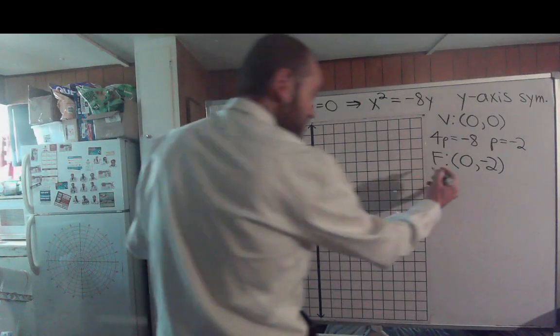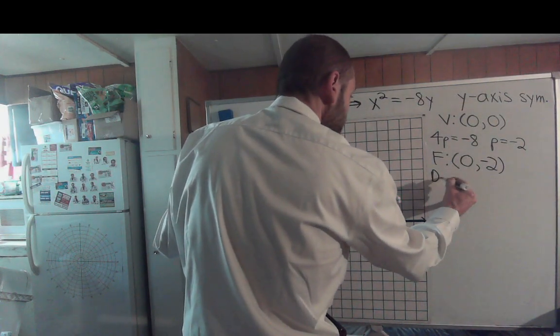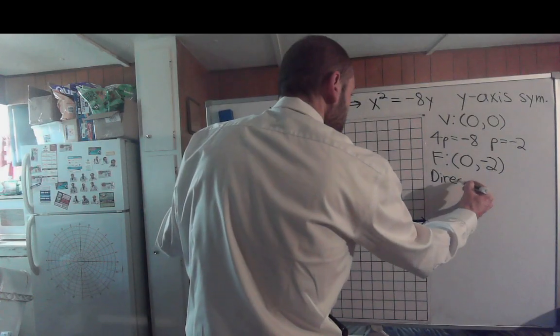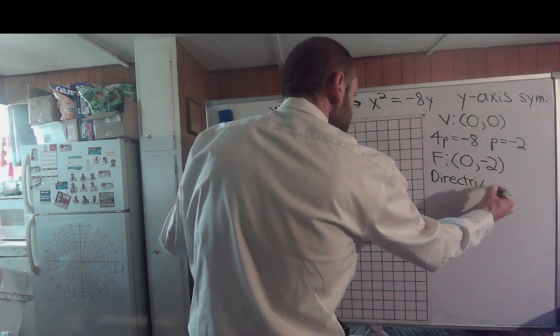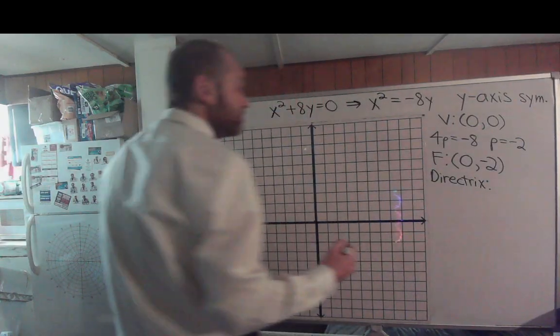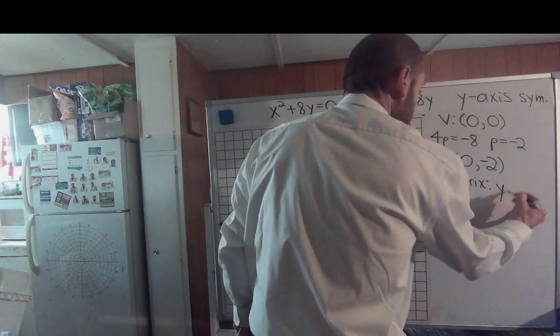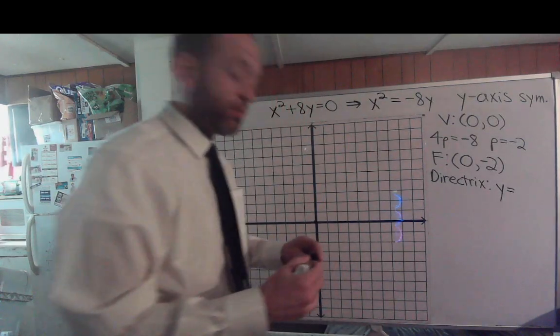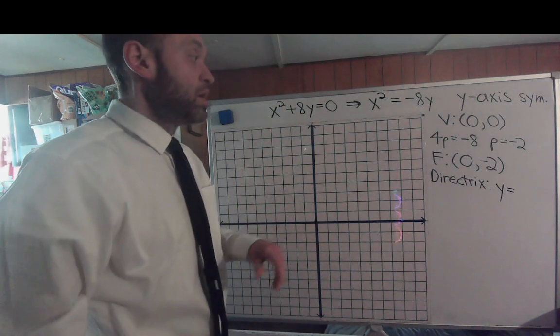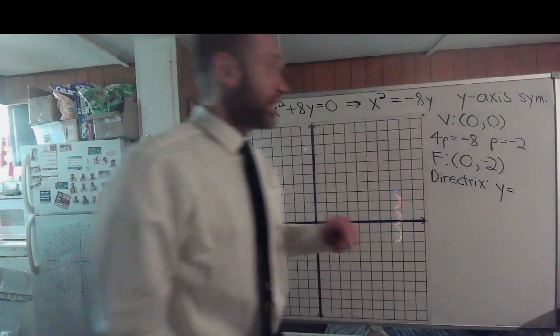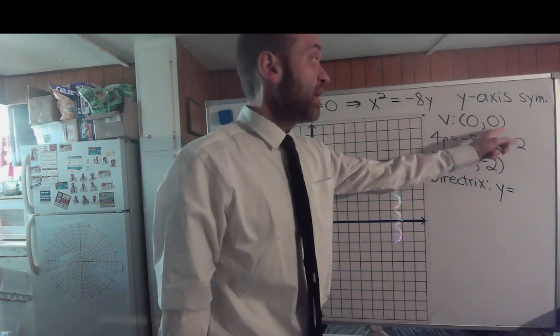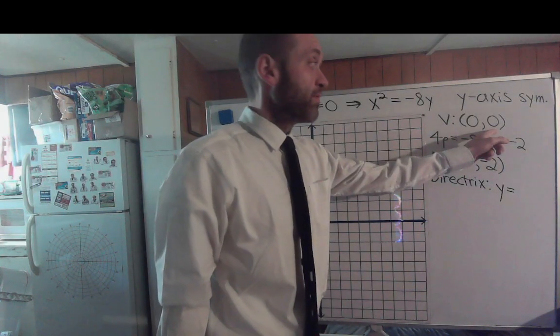The next thing we need to do is get our directrix. All I worry about is the y, because since it's got y-axis symmetry, we're going to get an equation in the form of y equals a number. To find the directrix, I take that p and subtract it from the y-coordinate of my vertex.